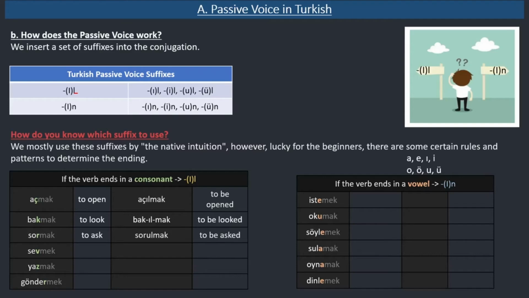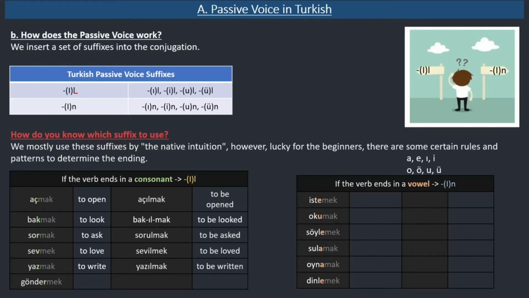And sevmek. Sevmek means to love. Let's go with this. It can also mean to like. Sevilmek. Exactly. To be loved. And yazmak, that means to write or to type. Yazılmak, to be written.